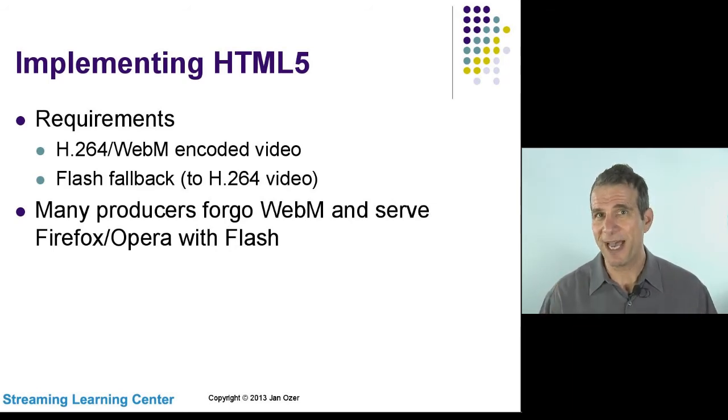And when they went HTML5, they only supplied the H.264 codec. Now, I think in the last 6 to 12 months, they started supplying the WebM codec as well. But a lot of producers who go HTML5 are going with the H.264 codec only, because that will play on mobile, and they can use Flash fallback for the rest. So you don't have to supply WebM and H.264, but that's considered best practice, and as we'll see, Squeeze makes that very, very easy to do.